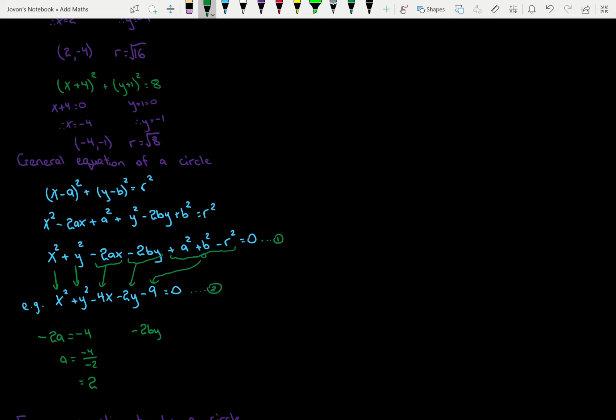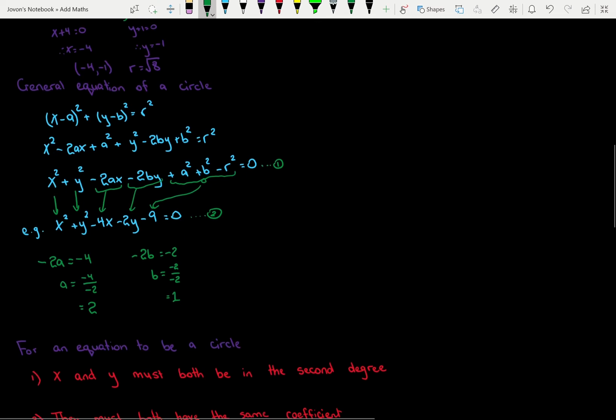So we have minus 2by, where minus 2b, leaving out the y, the coefficient of y is equal to minus 2. What this tells us is that b is equal to minus 2 over minus 2, which is equal to 1. So therefore the center of this is 2 comma 1.